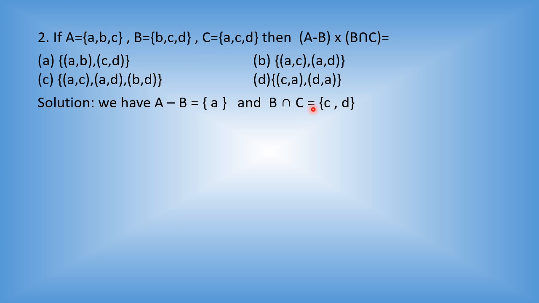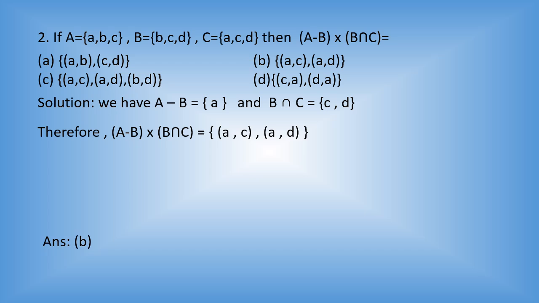Therefore, B intersection C is equal to {c, d}. Now we have to take the cross product of these two sets. Therefore, ordered pairs (a, c) and (a, d) are the elements of this Cartesian product. Therefore, the answer is option B.